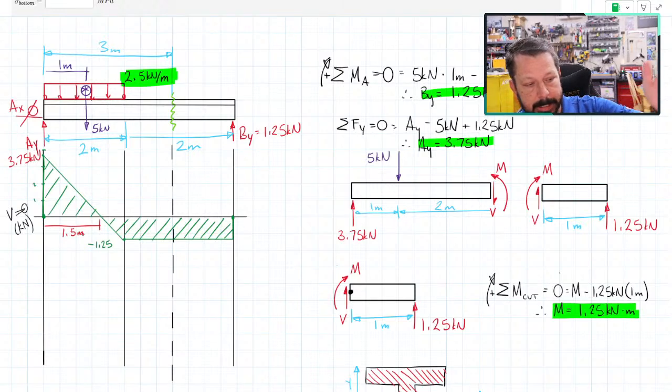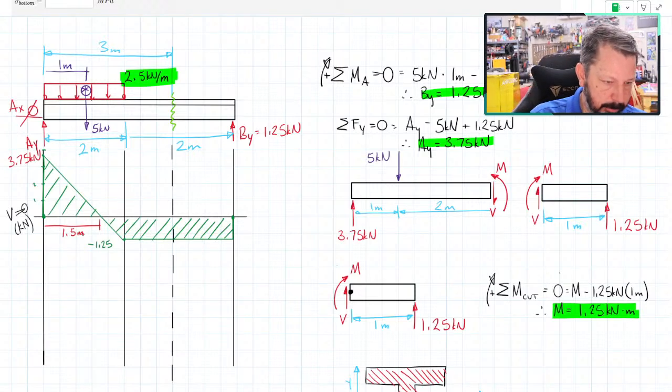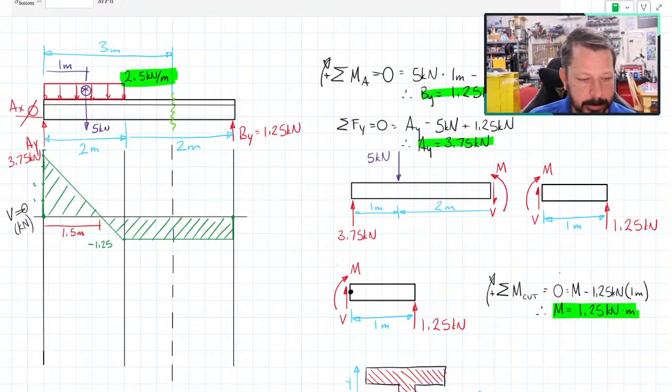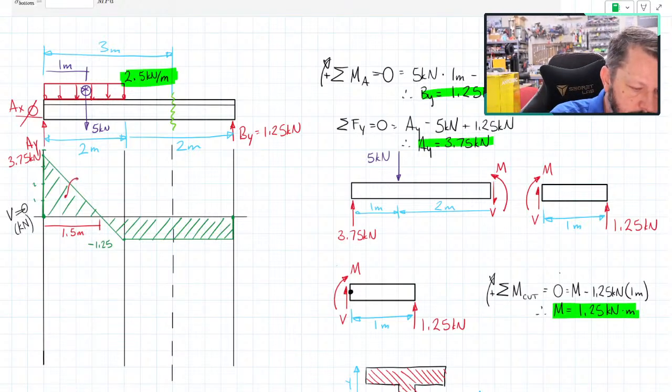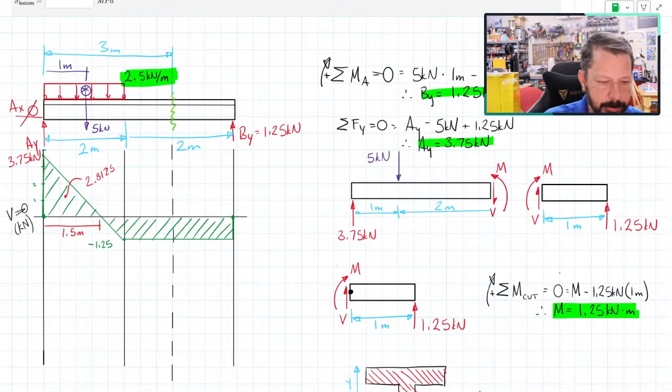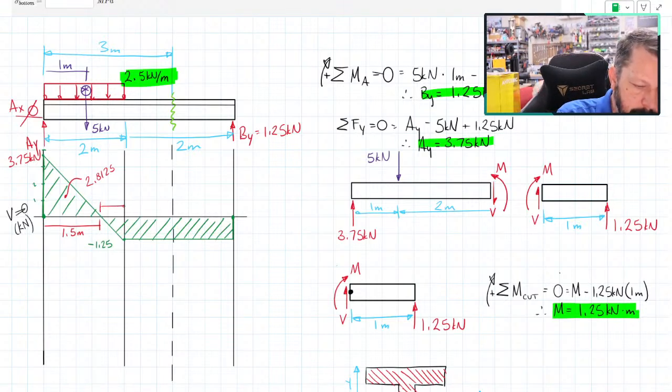So now I have the base and height of that triangle. I can calculate this area: 3.75 times 1.5 divided by 2, because it's a triangle. It's going to round a little bit, so we'll deal with it. 2.8125. I will keep all those decimals. This one must be 0.5 meters.